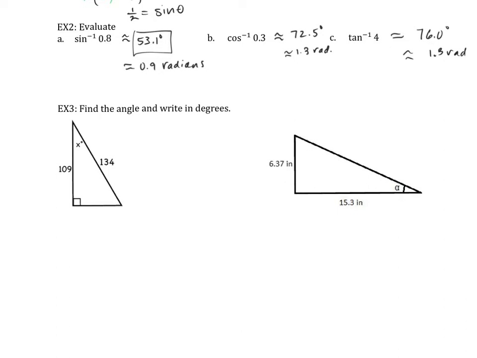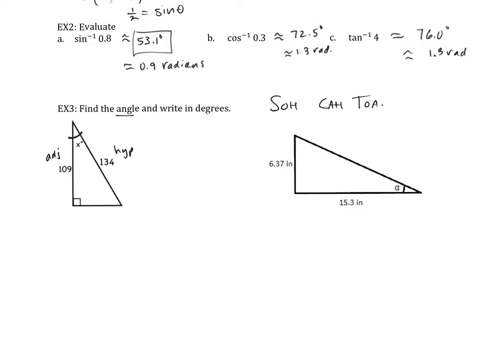All right, so now let's put together what we know about our inverse trig functions and what we know about right triangles. Okay, so let's see, I'm supposed to find my angle, and this is my angle right here. I have a right triangle, so I have an adjacent side and I have a hypotenuse side, and I always have to write these down.